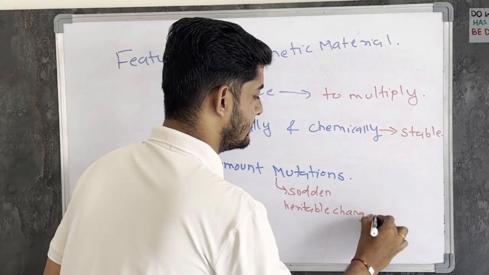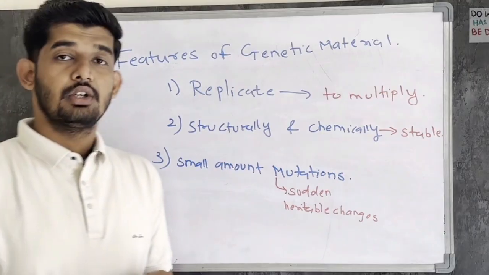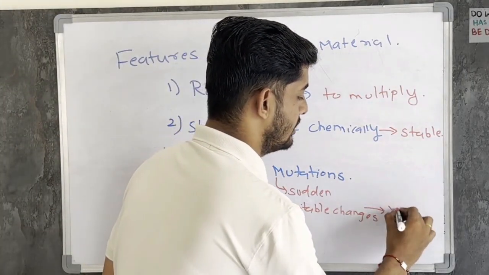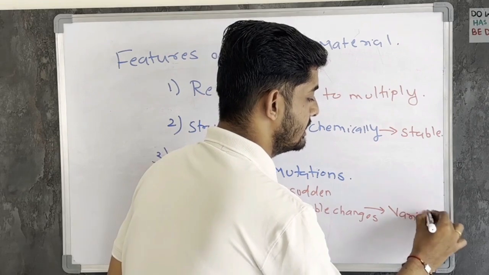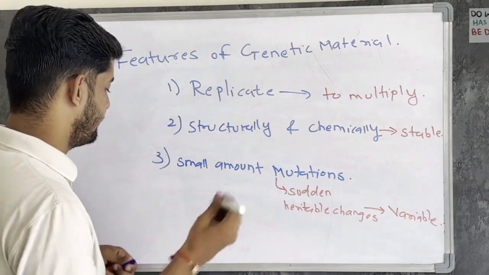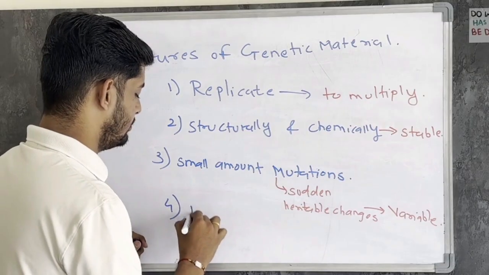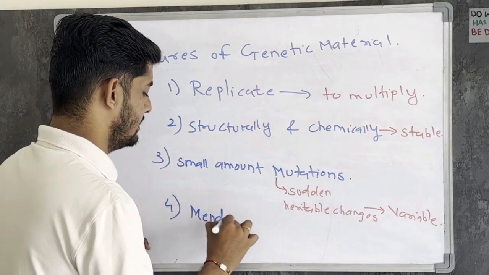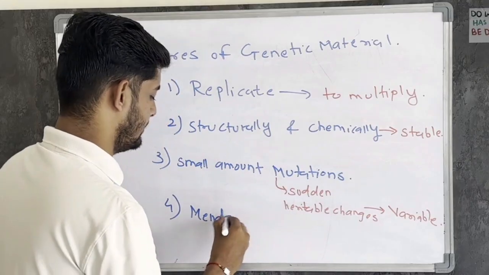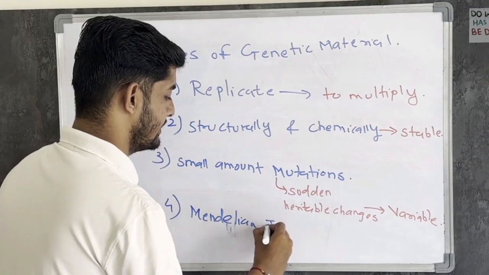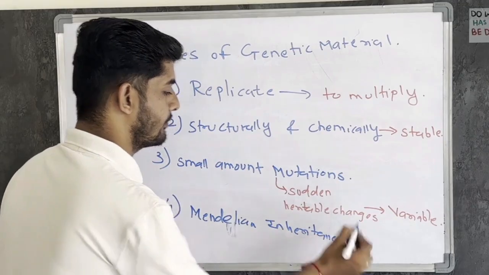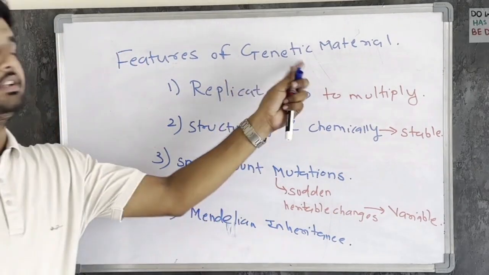These sudden heritable changes are required for variations, and these variations help organisms to survive in the environment and in adverse conditions. And the fourth is that it should follow the Mendelian laws of inheritance. So these are the properties or the features of the genetic material.